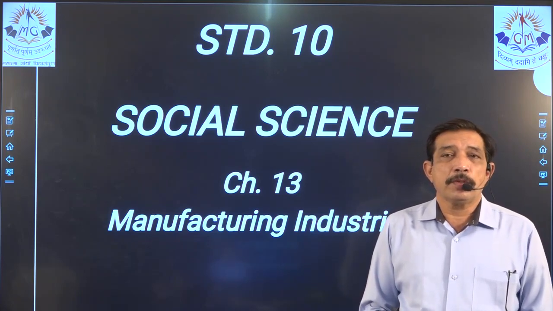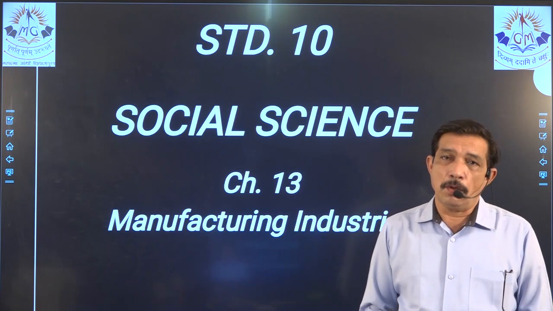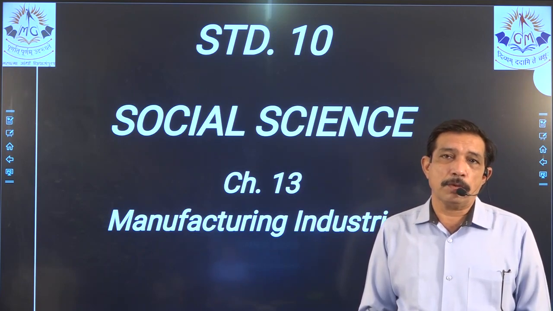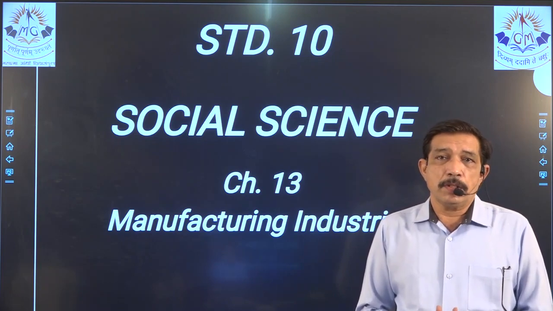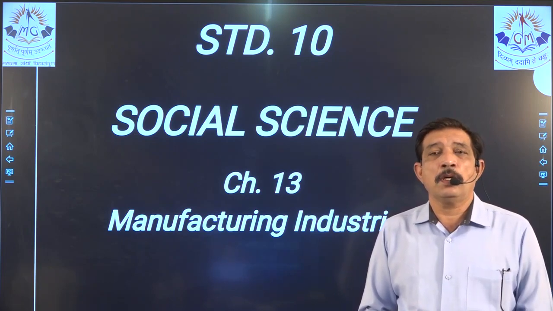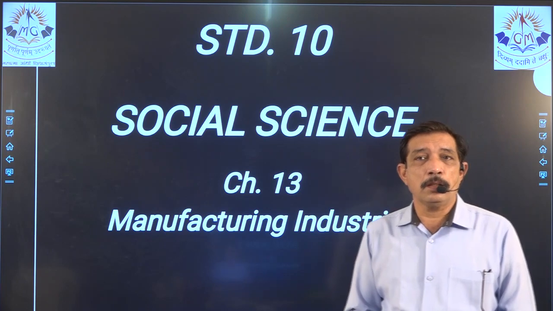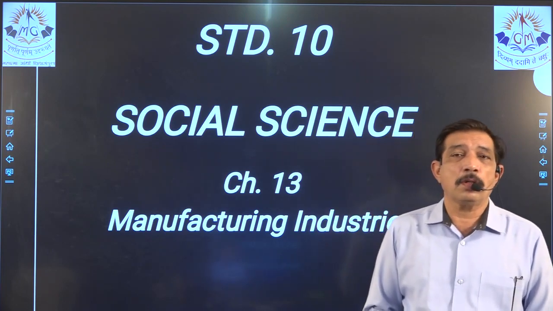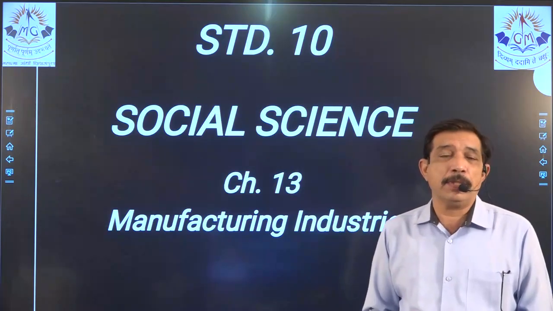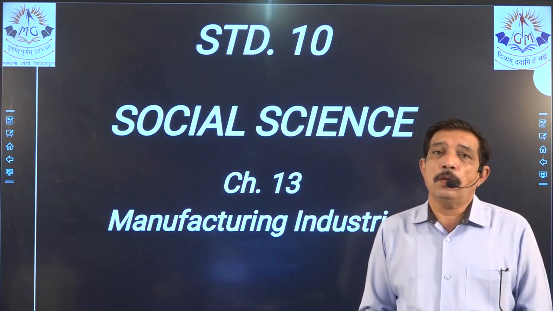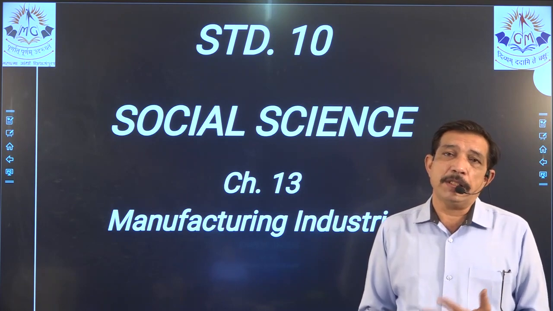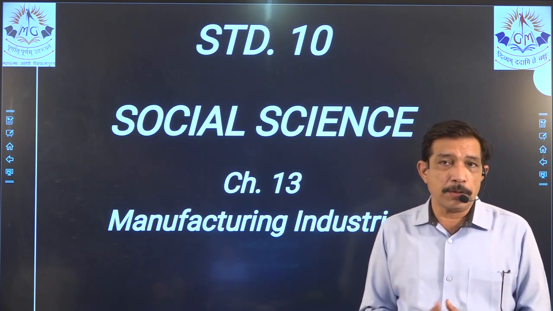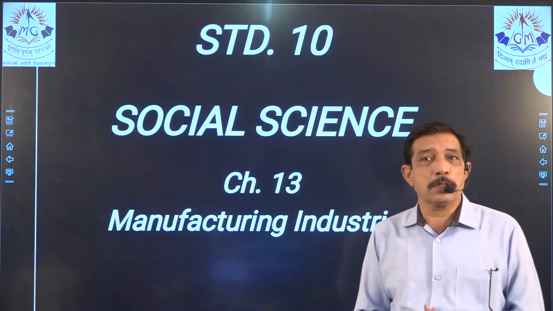Students, from the previous many lectures we have started with the revision work. Basically what we are focusing on is the marks weightage which has been issued by the Gujarat board for this year only. There has been a change in the weightage of marks, because 30% of the syllabus has been cut.